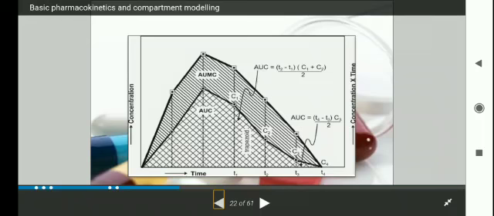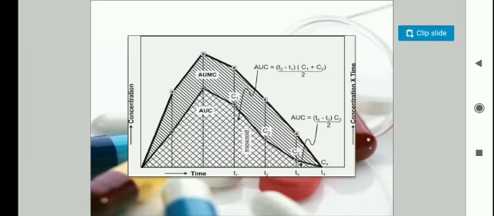That one you will come across in your practical sessions. Under this AUC you can see the blocks, and those individual blocks' parameters can be estimated and analyzed separately. That one we call the trapezoid method.